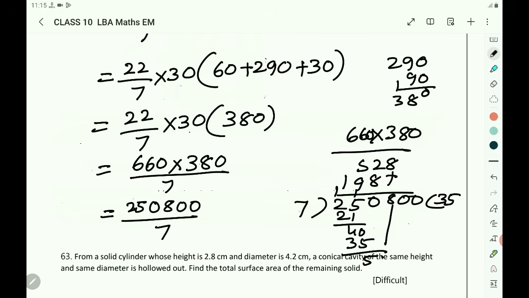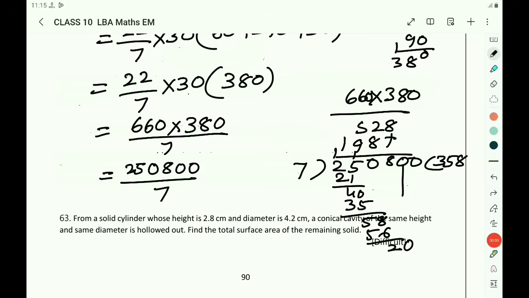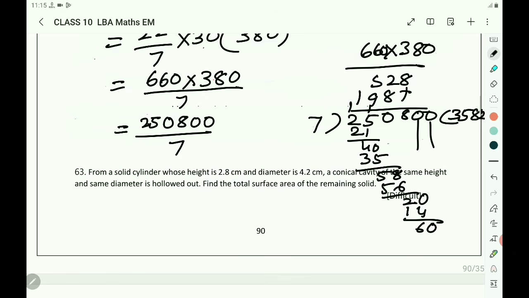Then take this 8. 58. 7 8s are 56. 2 is remaining. Take this 0. 7 2s are 14. 6 is remaining. Take this 0. Then 7 8s are 56. 4 is remaining. Then you take point 0. Then you can take 7 5s are 35.